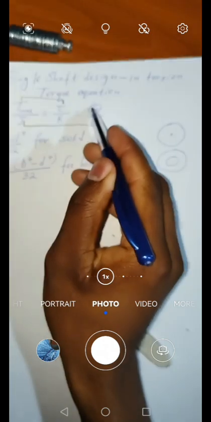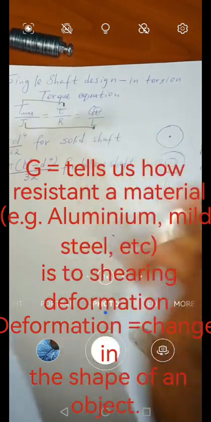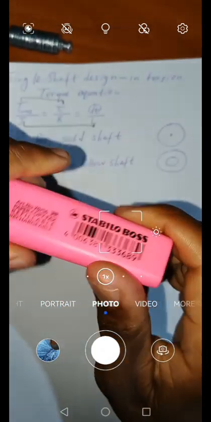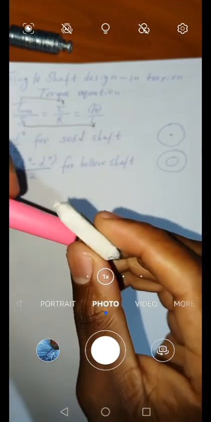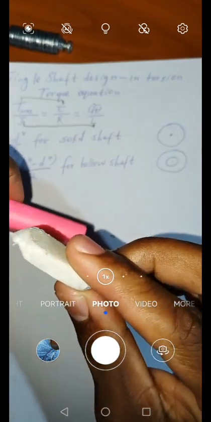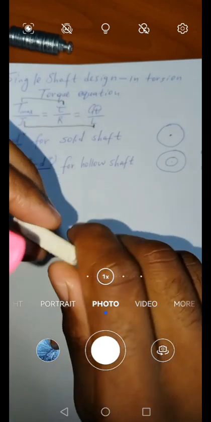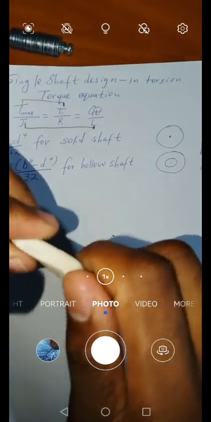So there will be the resistance due to the material, which will be represented by this G. The material I'm talking about can be steel or aluminum or copper, any kind of material. It can be a tire or it can be rubber. As you can see, the resistance of this rubber material is low.